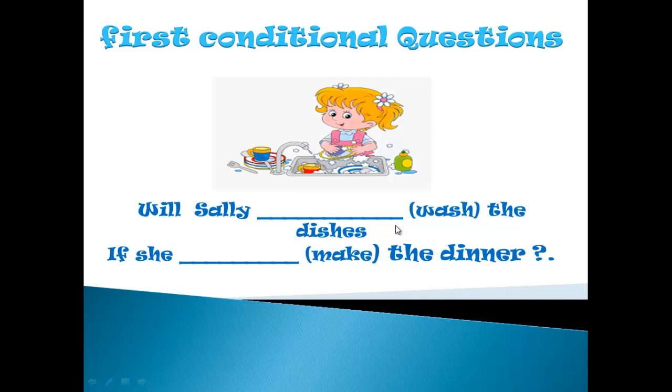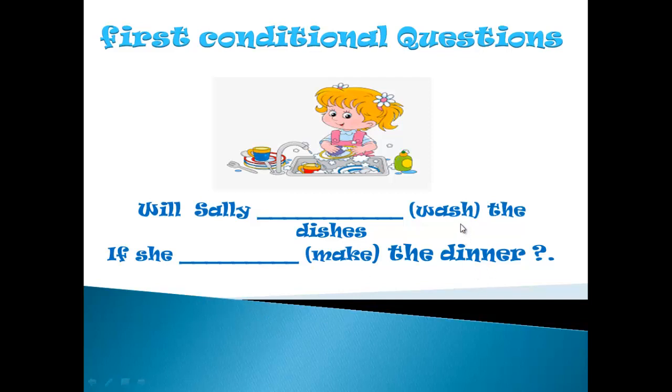Okay, to be sure that you understand, please follow me with these examples and guess your answer. You can answer by yourself, then check your answers with me. Will Sally wash the dishes if she make the dinner?